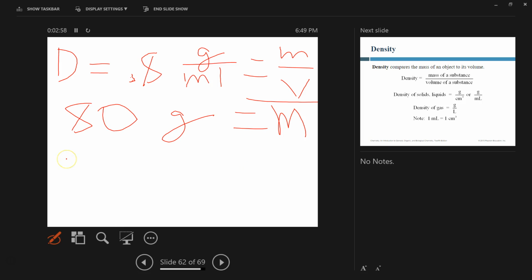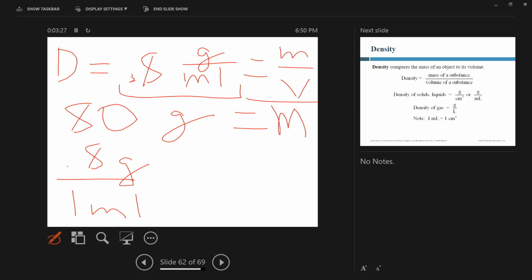If you prefer conversion factors, how do I do the conversion factor, which would have grams at the bottom? Think about this: density is the conversion factor. It tells you that there is 0.8 grams in 1 milliliter.